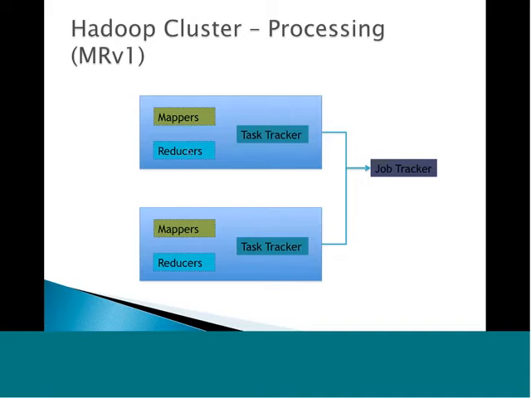Transient means temporary, whereas job tracker, task tracker, name node, data node, they are all persistent or permanent daemon processes. They will be up and running all the time on the cluster to keep track of resources and all those things. But there will be additional backend processes.